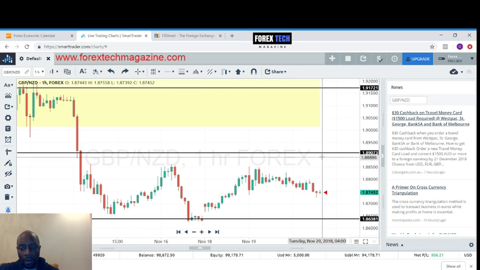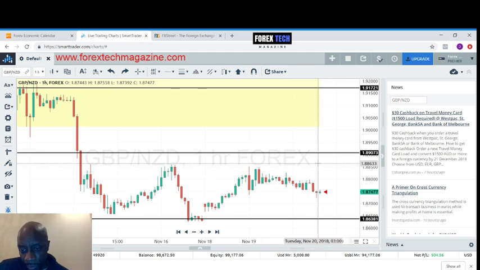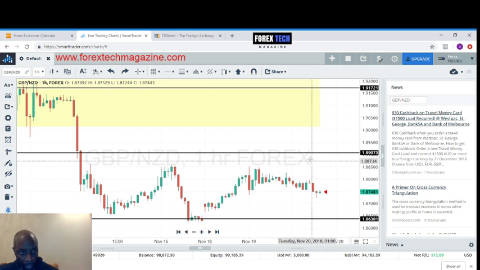If we can form another higher high above this high, then that might give confirmation that this thing is getting ready to move on up, and of course we want to be a part of that. If it comes in with another high lower than that high, I don't necessarily want to be in that trade, because that means it's just going to continue going down.